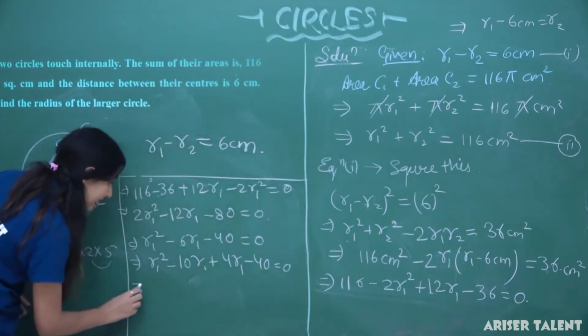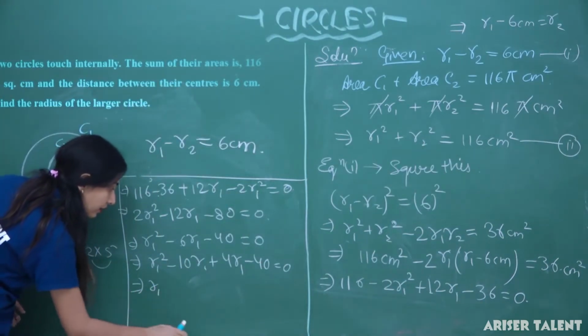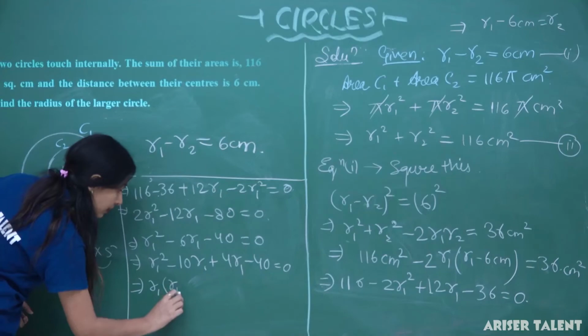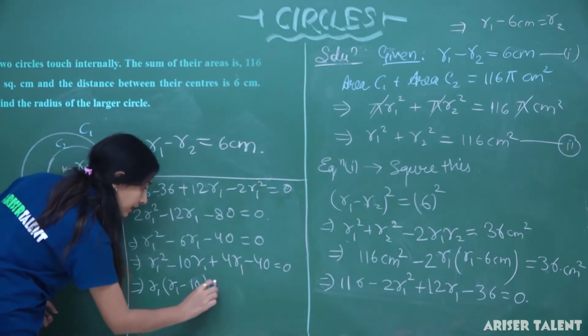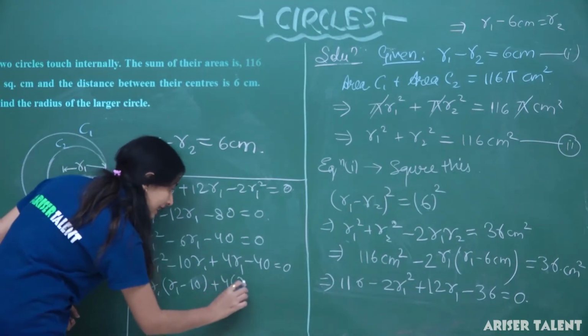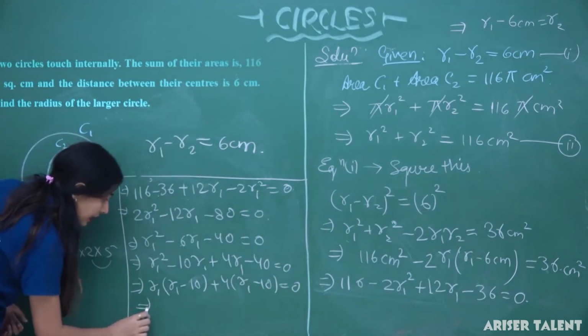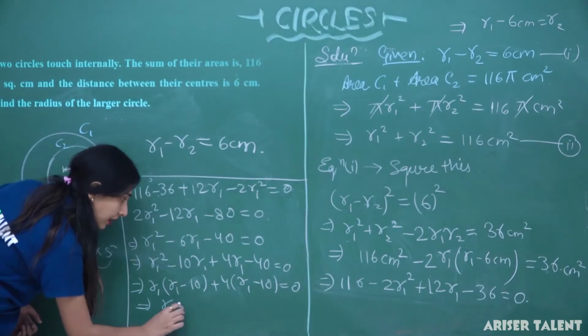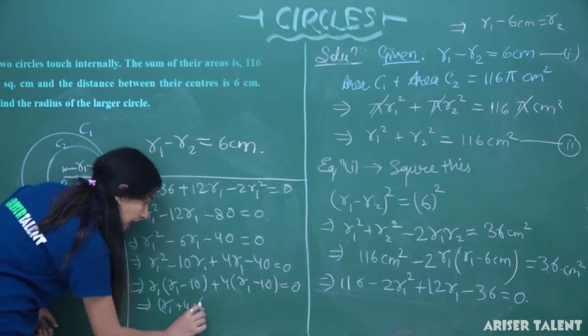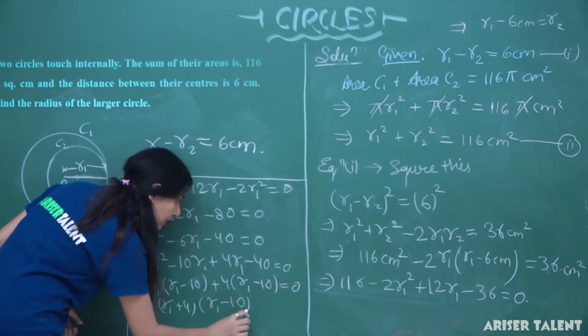From there I can factorize it easily and have r1 common, so r1 minus 10 here plus 4 common and r1 minus 10 again common here. So it will be replaced with r1 plus 4, r1 minus 10 equals 0.